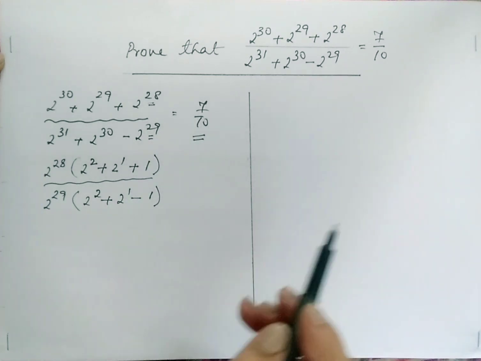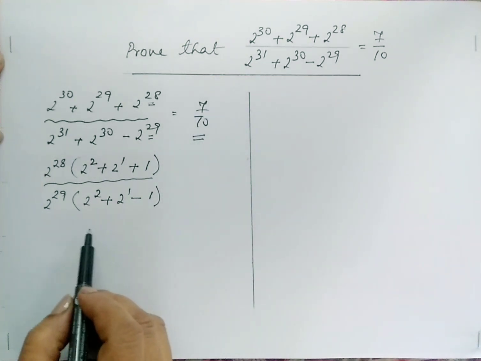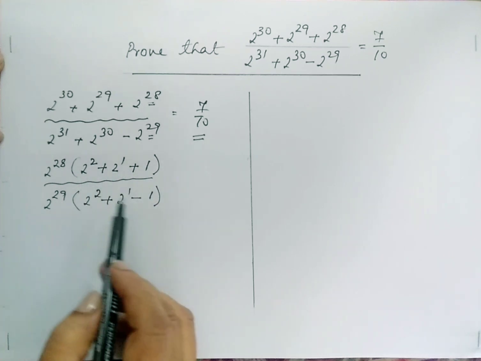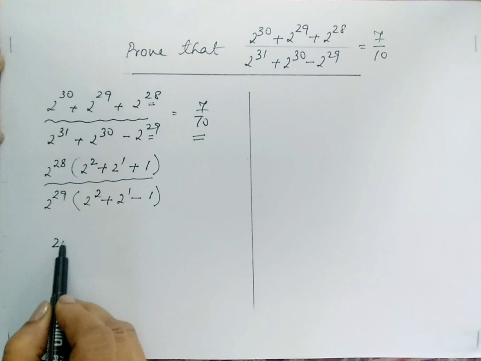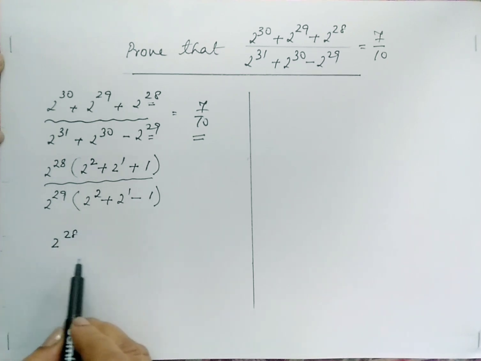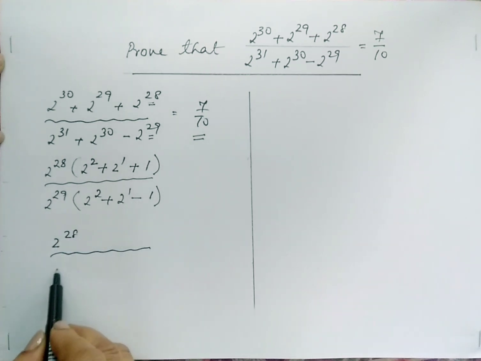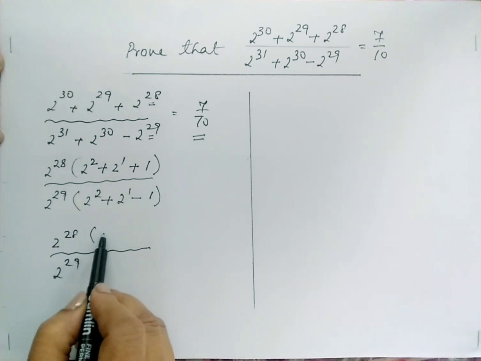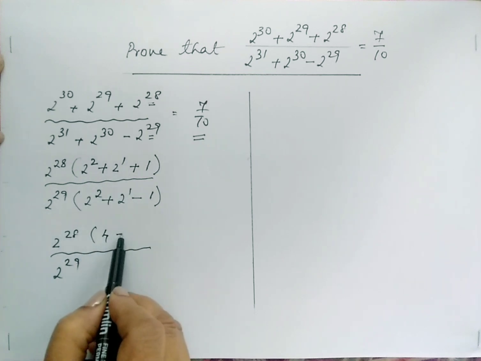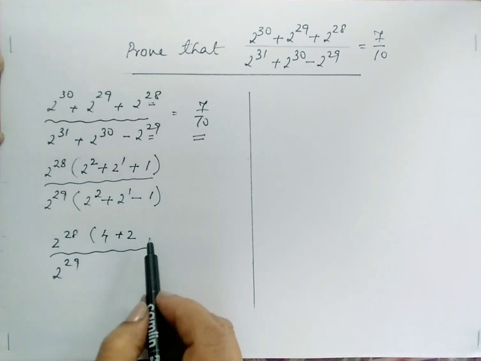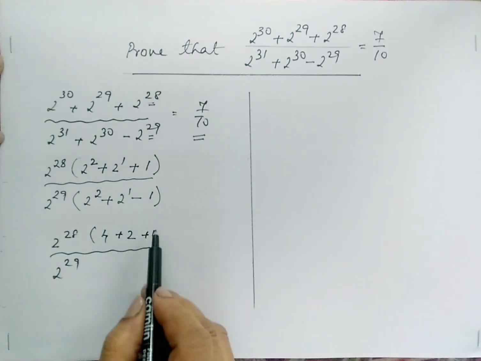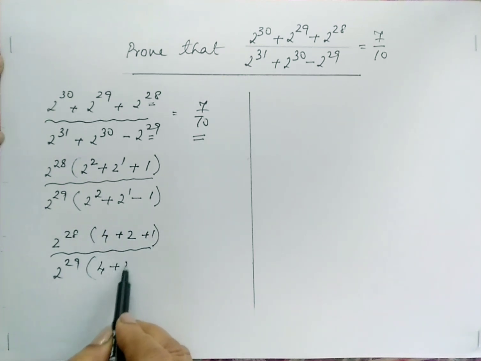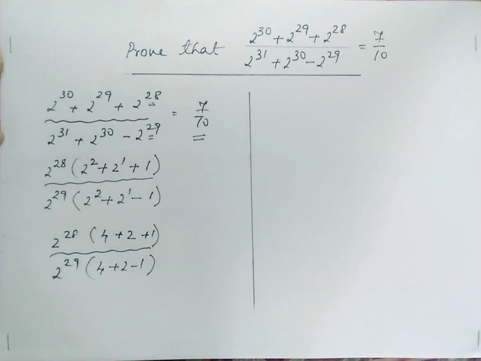So the next step is to simplify the inside one. Two square is equal to 4 plus 2 and plus 1, correct? And here we have 4 plus 2 and minus 1. All right.